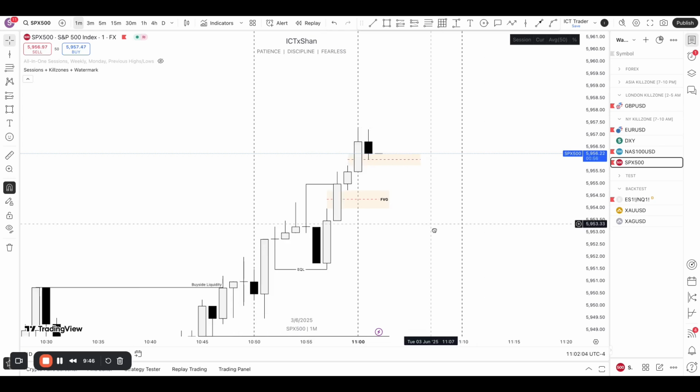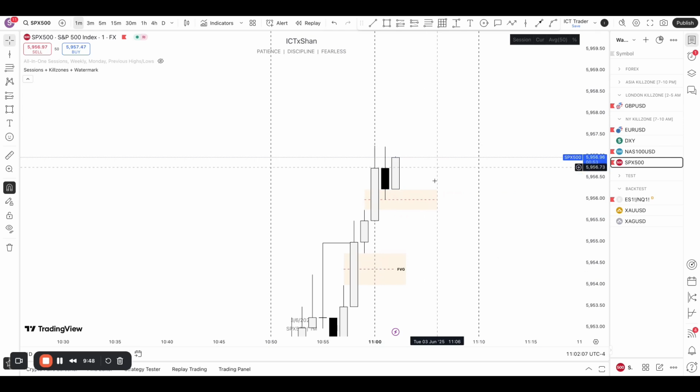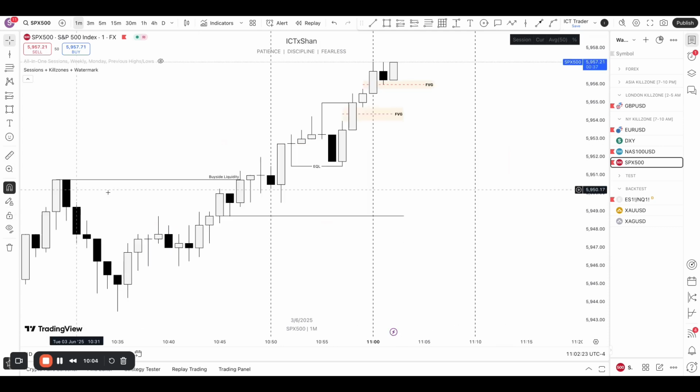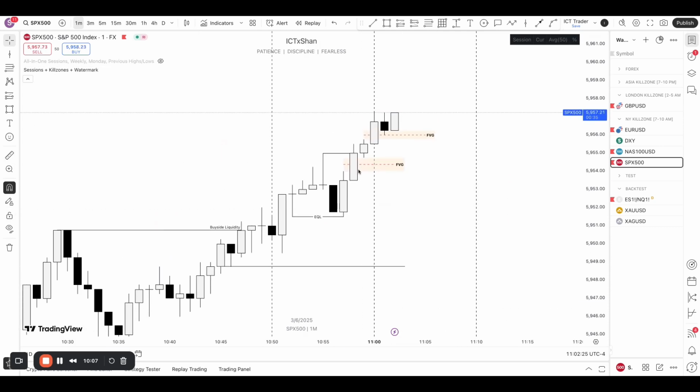So it's inside 50% of this hourly gap and moving higher. It's very clean, you can see that, but we'll see. Its body is above the hourly gap and 50%, and it hits the consequent encroachment as well. We'll see.